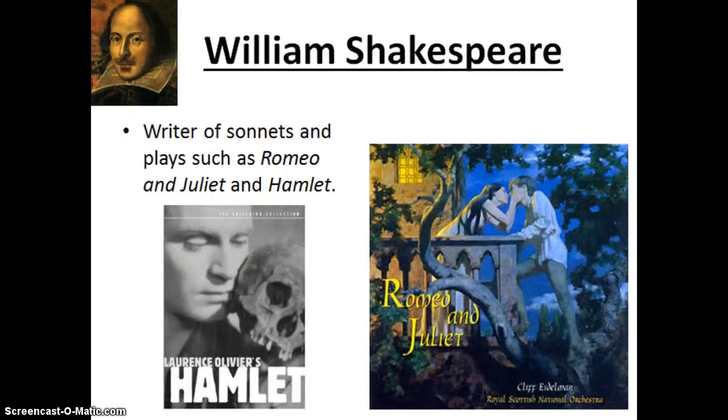All right, another person you need to know, and the last person we're going to talk about in this section, is William Shakespeare. He is from England. He is a writer. He's going to write really important pieces of work: Hamlet, Romeo and Juliet, just to name two. Another thing he is going to write they're called sonnets.